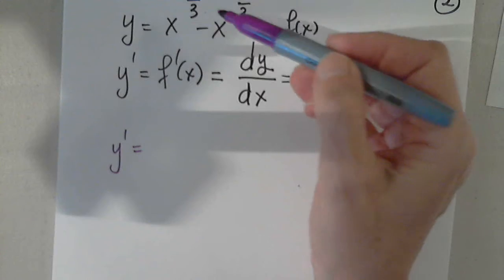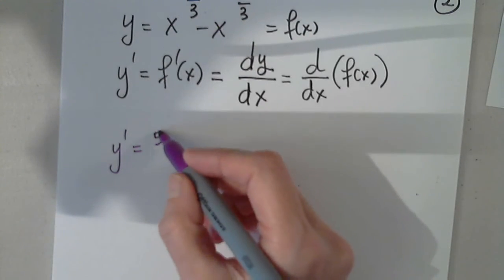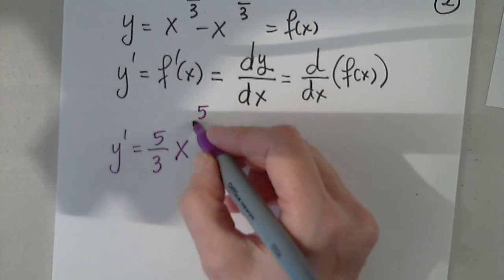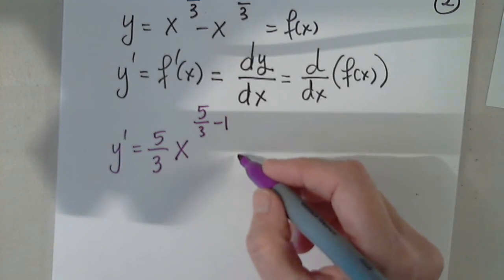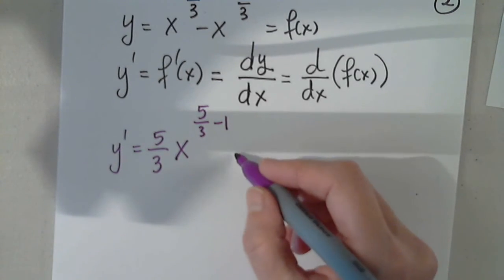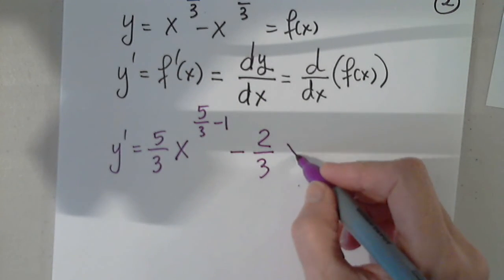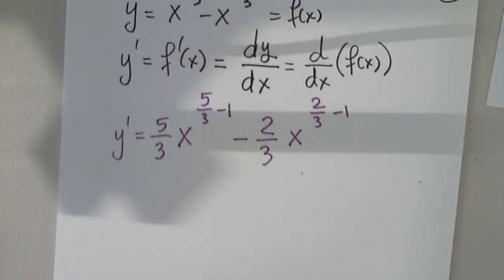So when I differentiate this side like it's a power, I apply the power rule. I bring down 5/3. I copy x. For now I'm going to write 5/3 minus 1, but we should be able to calculate that without writing it, but it's okay if we do. Minus, I bring down the power 2/3 and x to 2/3 minus 1.